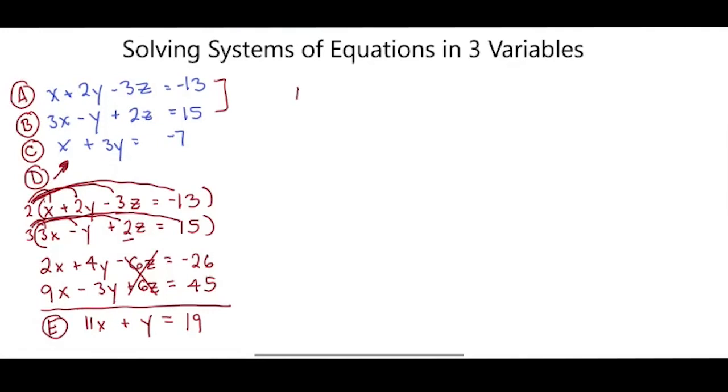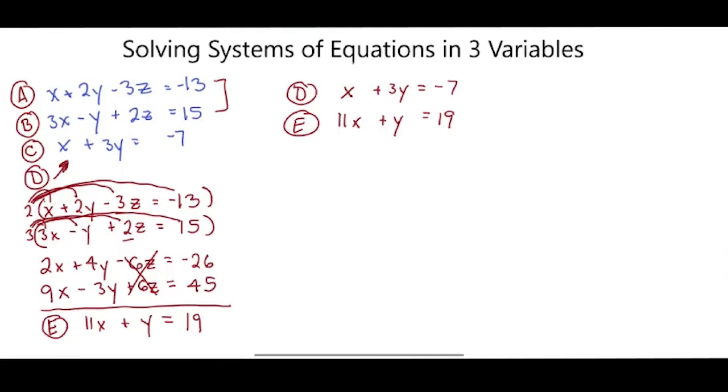So up here, I will write equation D, which is also equation C. So that's x plus 3y equals negative 7. And equation E, which is 11x plus y equals 19. On this one, I think it's going to be easier to cancel the y's.